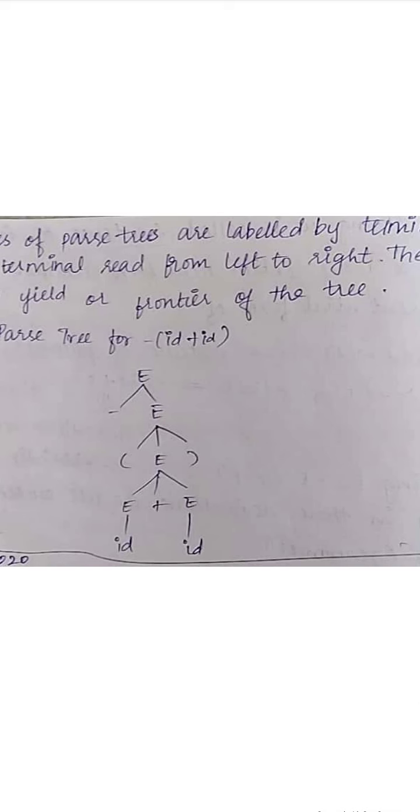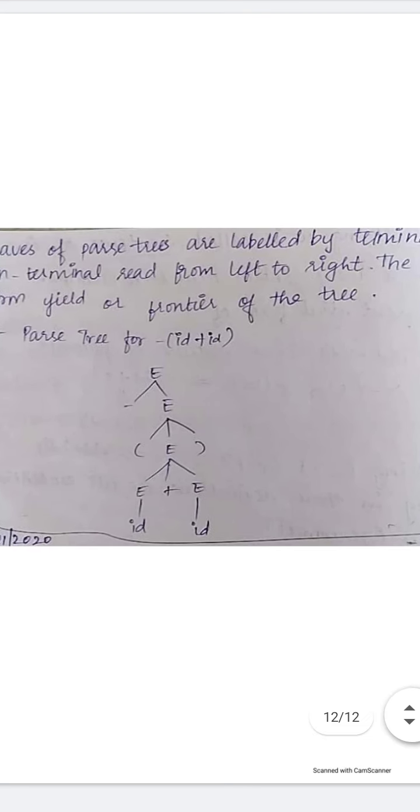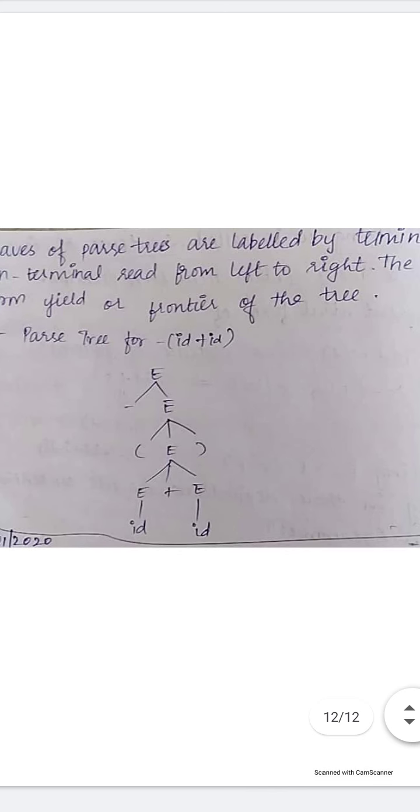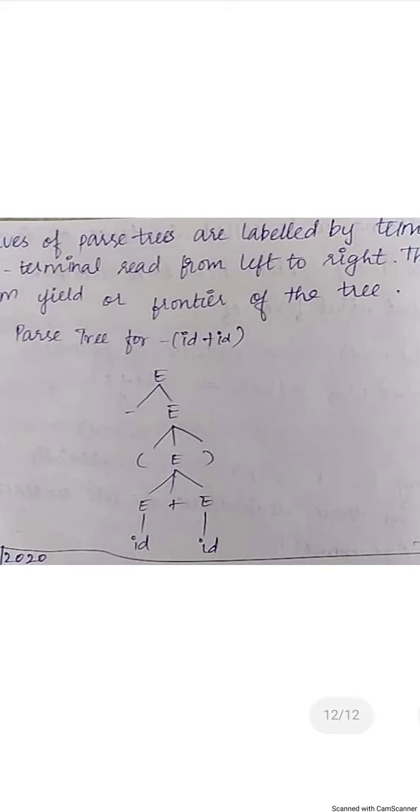While discussing parse trees, these are the things you have to concentrate on. First is the graphical representation, and the second we call the hierarchical syntactic structure. Third, we use non-terminals as interior nodes. Fourth, whenever we construct the children, you always have to start from the left and then move towards the right.